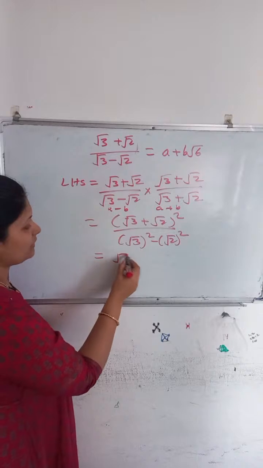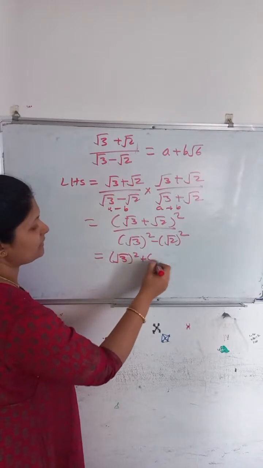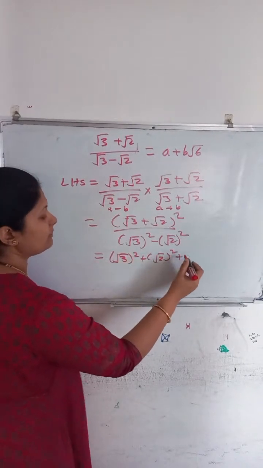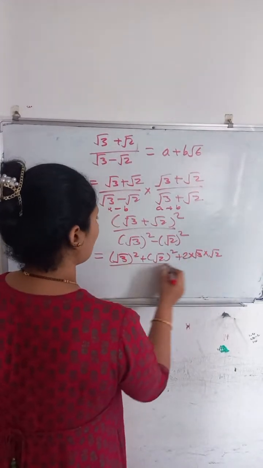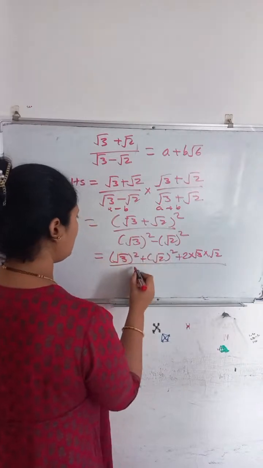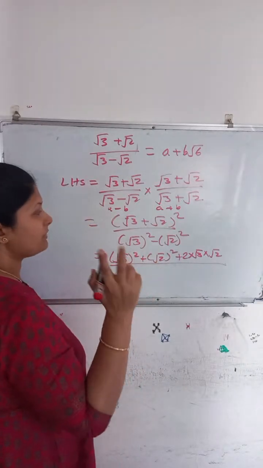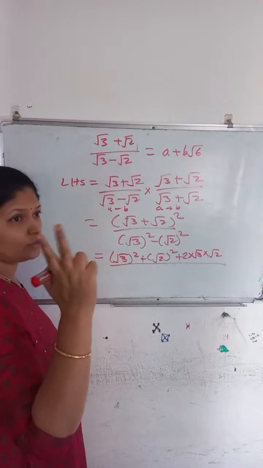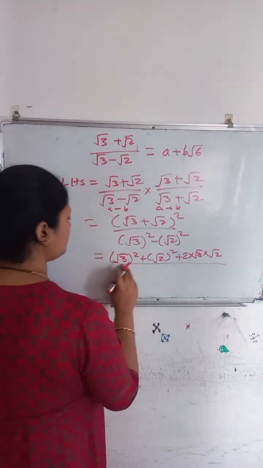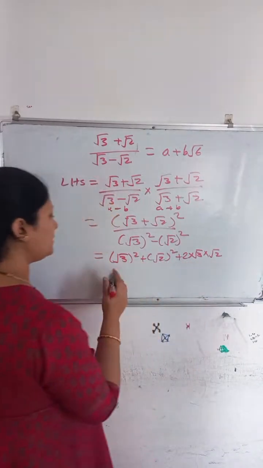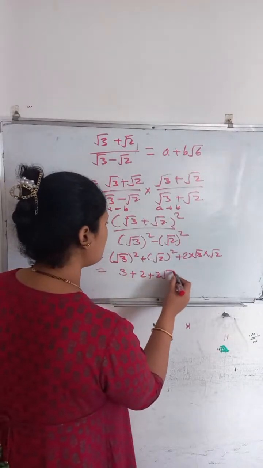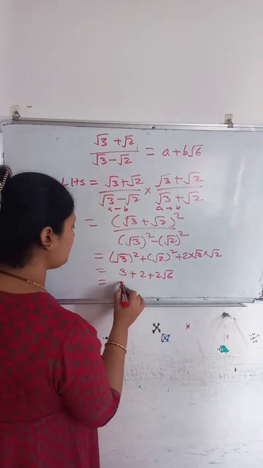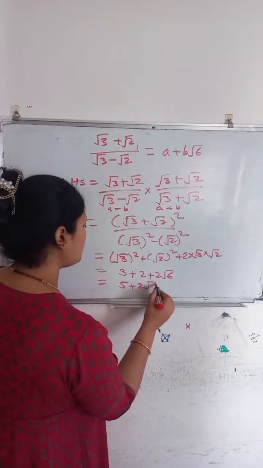So here √3 squared plus √2 squared plus 2 into √3 into √2, divided by 3 minus 2. √3 squared is 3 and √2 squared is 2, and 3 minus 2 is 1, so no need to write anything in the denominator. So this is 3 plus 2√6, so this is 5 plus 2√6.